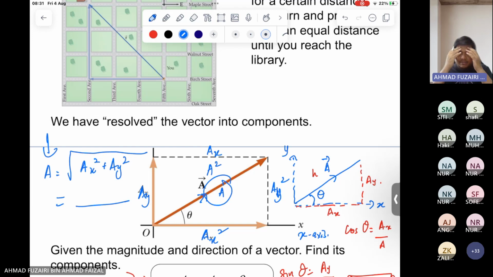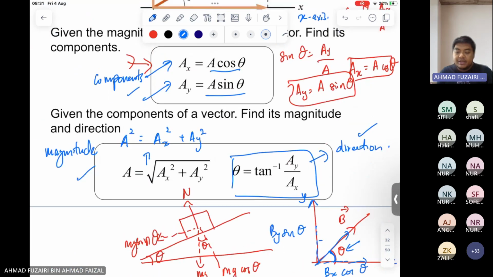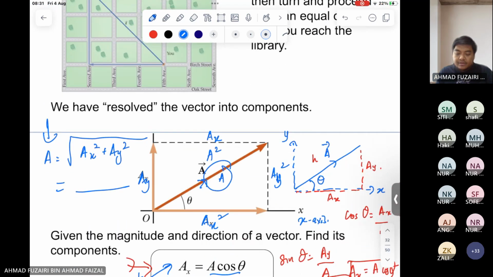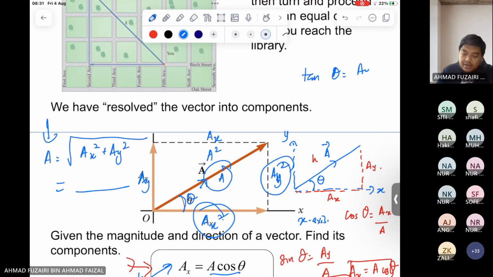Dan macam mana vektor quantity nak cakap direction dia? Sebab kita faham vektor quantity mesti ada magnitude and direction. So macam mana dapat value dia? Value direction dia dapat daripada theta ini. Gunakan tangent. Tadi kita dah dapat ini. So nak dapatkan theta balik, gunalah value ini dengan value ini, tangent theta ialah Ay over Ax.